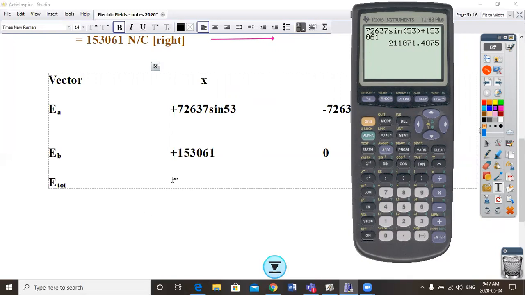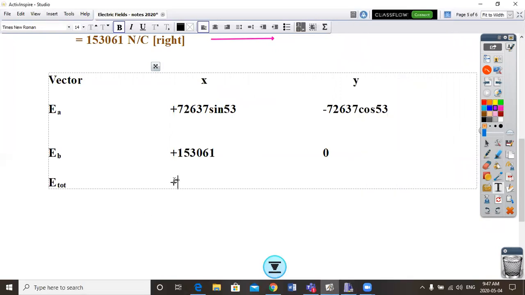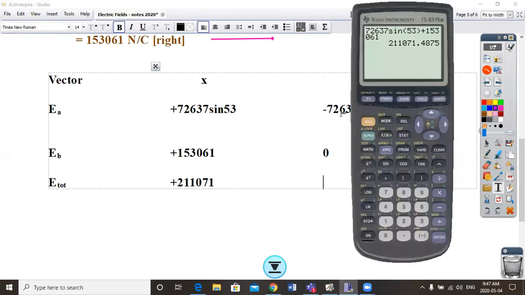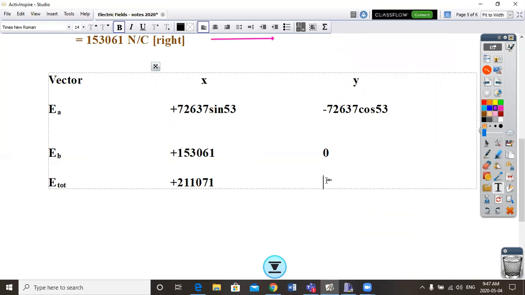So plus 211,071. And our y, as we know, is going to be going south. It's simply 72,637 cos 53. And you get negative 43,714. Negative 43,714.